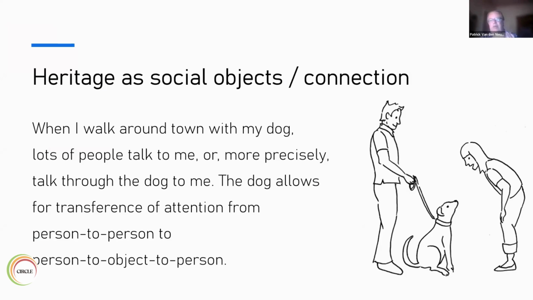How old is the dog? What is the name of the dog? Oh, I also have at home a dog, but another kind of dog. And they start to talk about a discussion with each other through a dog.